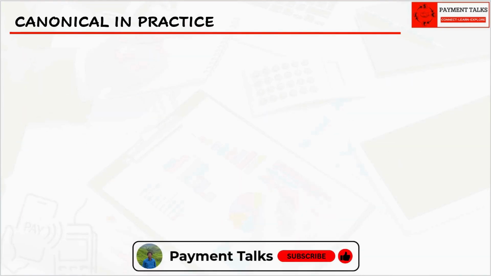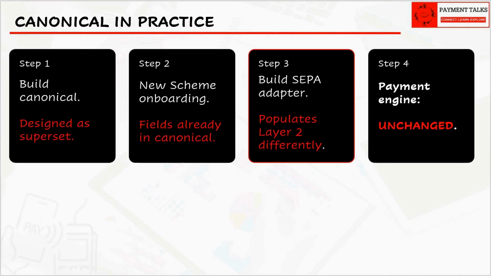I built a CBPR+ canonical. From the beginning, it was designed as a superset, not just the fields needed for the single scheme today, but the full set that any scheme might need in the future. When we began onboarding new rails like SEPA, Lynx, and others, the fields were already in the canonical. They had been sitting there empty, waiting.